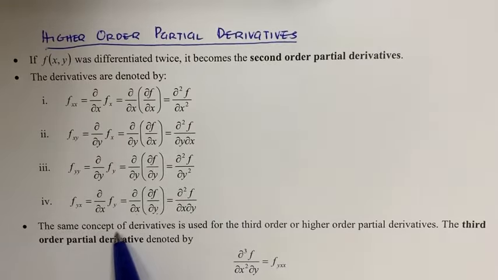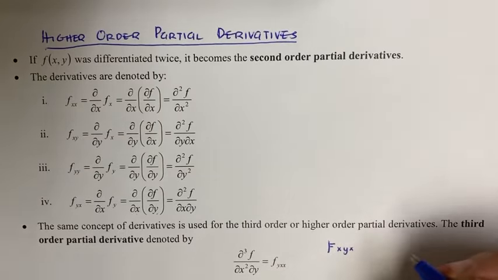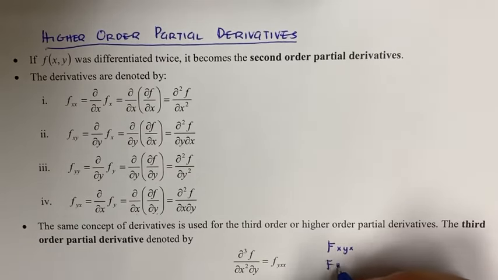The same concept of derivative is used for the third order or higher order partial derivative. The third order partial derivative is denoted by this one. So this is just one example. You can have f_xyx maybe, or you can have f_yxx.